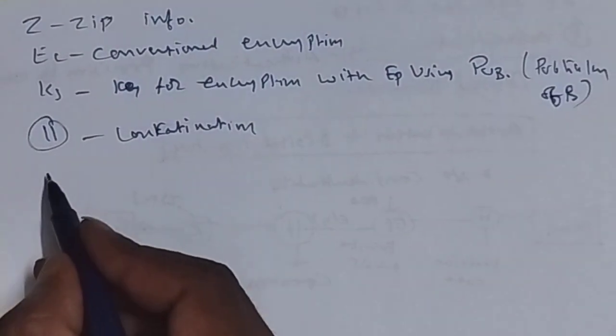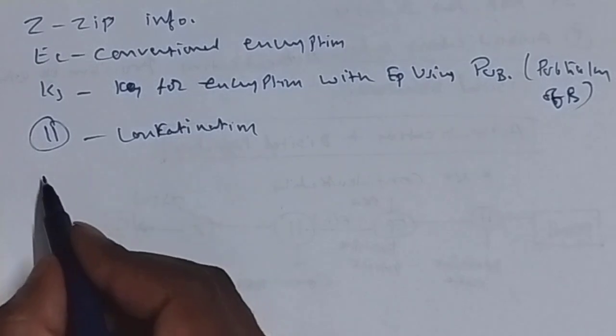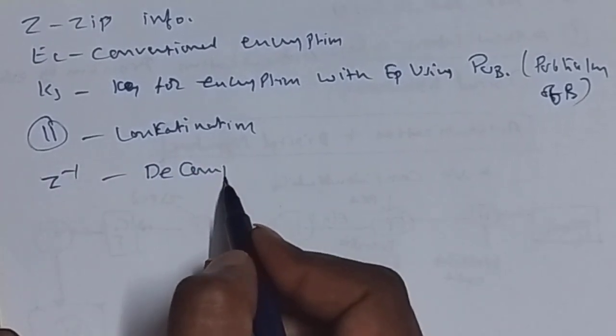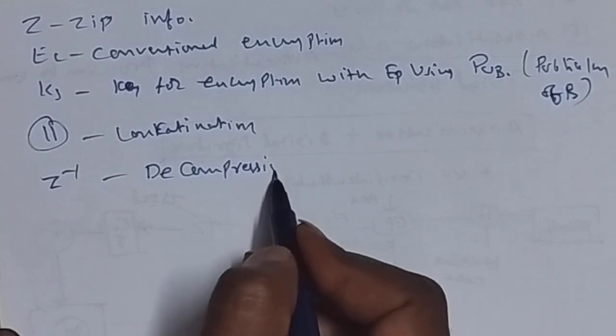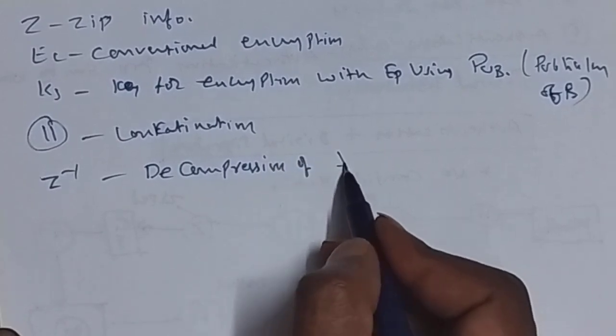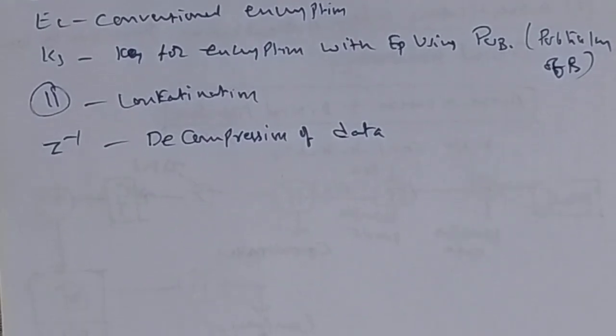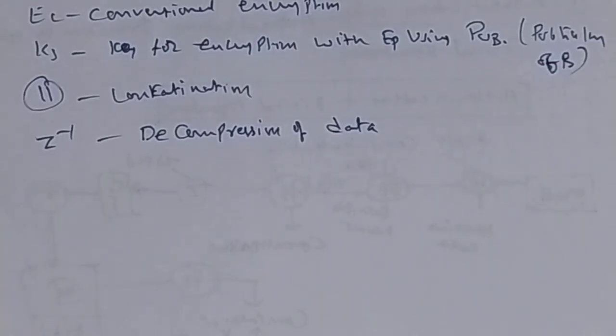Okay, Z means zipping, compressing. Here Z inverse means decompression. Unzipping is called Z inverse. In the second case, both data and key are encrypted.